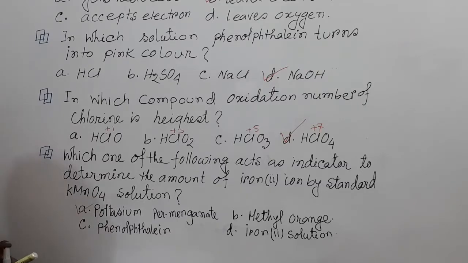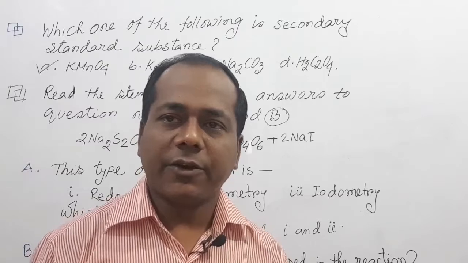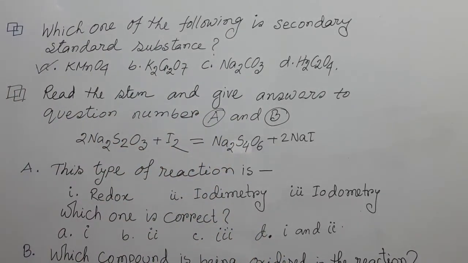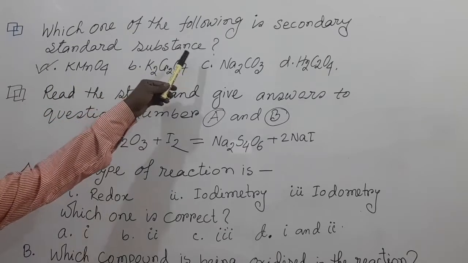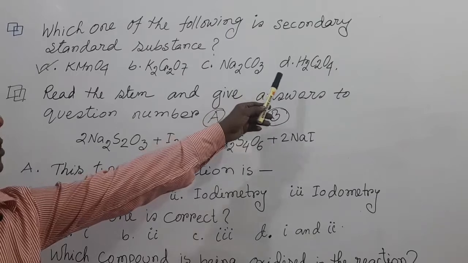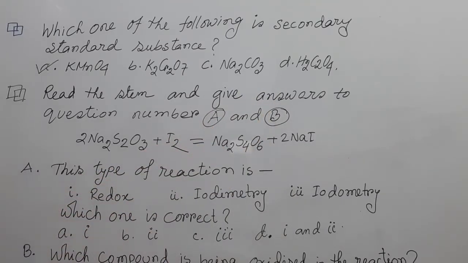standard potassium permanganate solution. My dear students, our next question is, which of the following is a secondary standard substance? Given are potassium permanganate, potassium dichromate, sodium carbonate, and oxalic acid. At first we have to know what a secondary standard substance is.